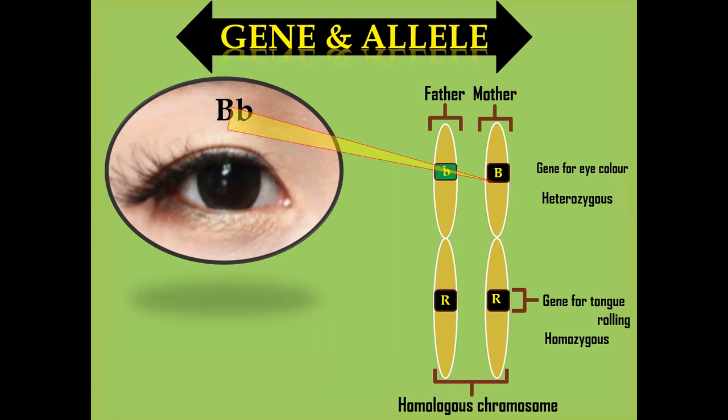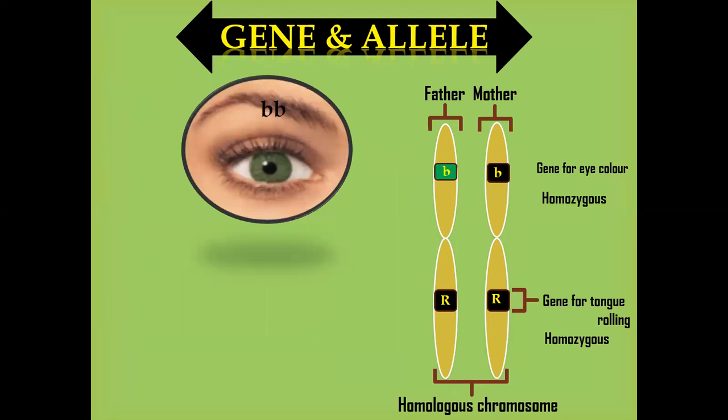So capital B will express itself, this condition will be heterozygous, and the eye color is black. While if there is a homozygous recessive condition, both alleles are lowercase b. In this way, the green color will appear in the absence of the dominant character.